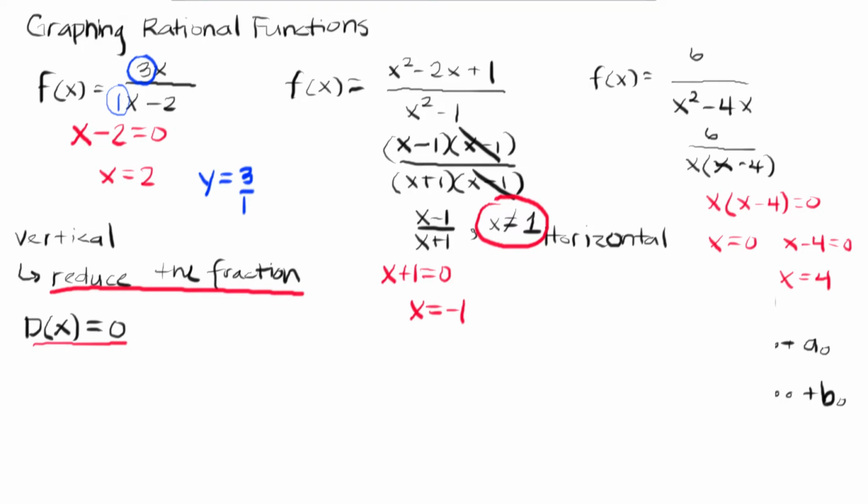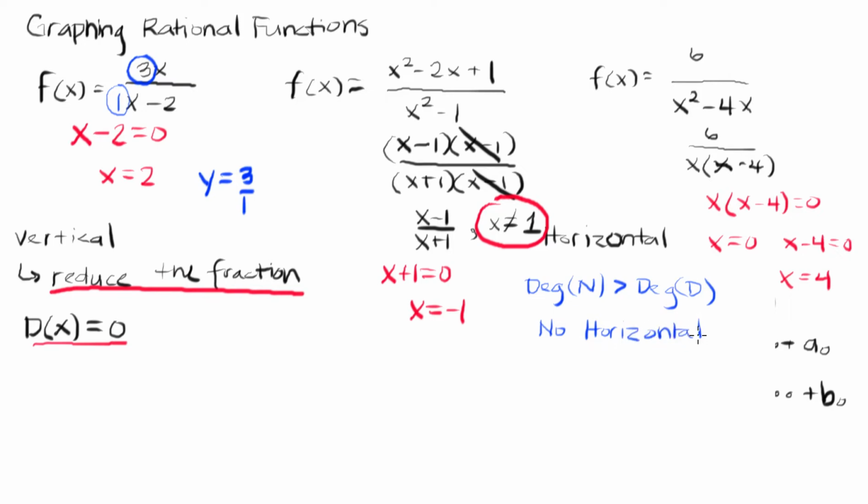The second thing we want to take a look at is, if you're talking about the degree again, if the degree of the numerator is larger than the degree of the denominator, what that tells me is that there are no horizontal asymptotes.